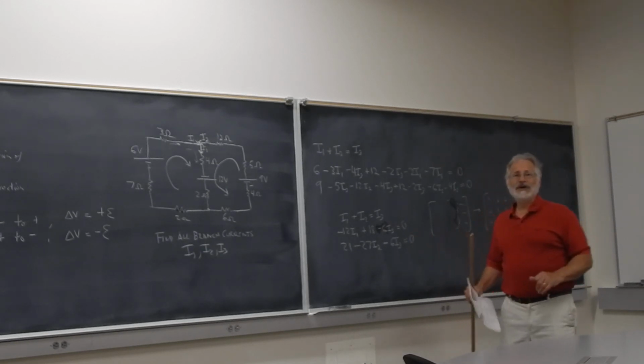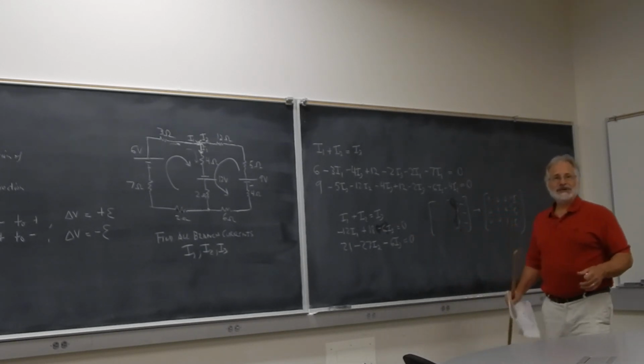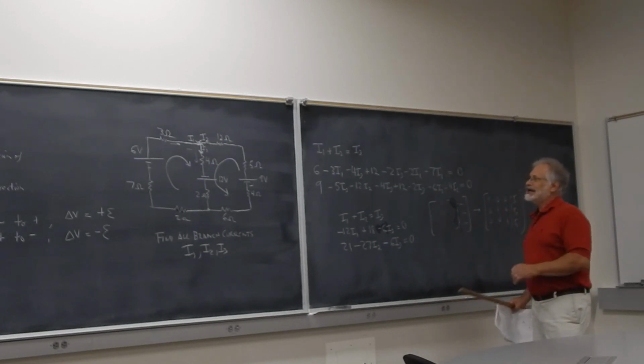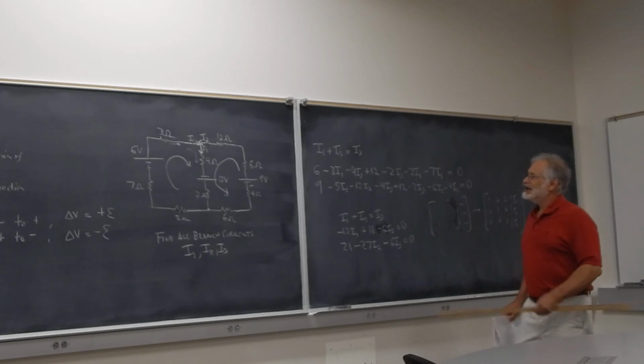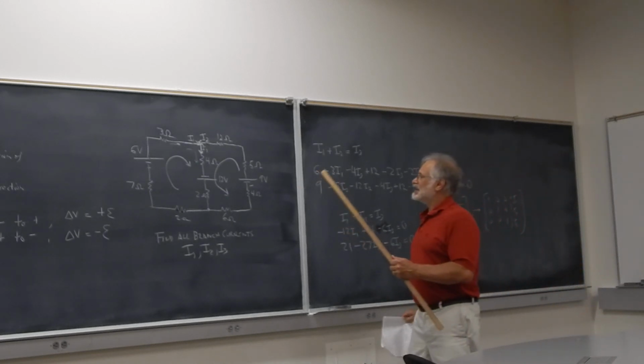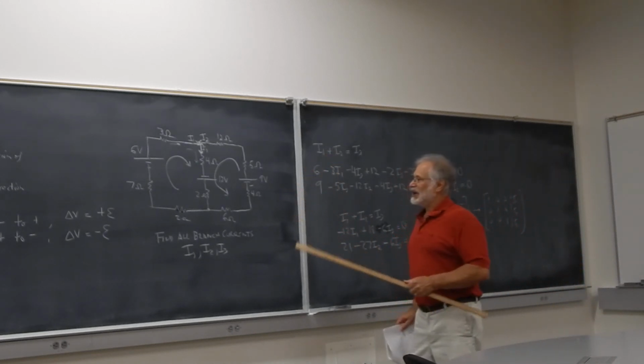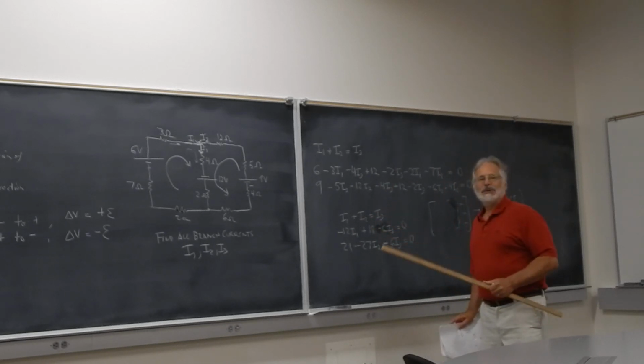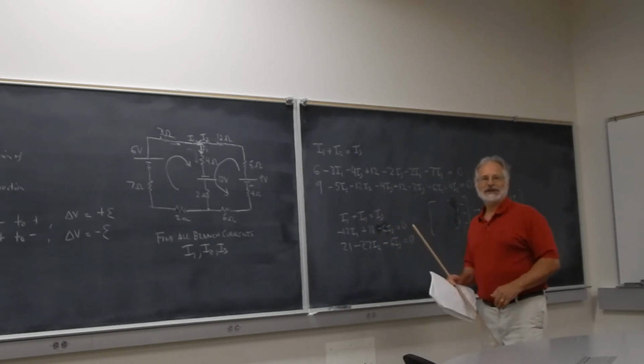I don't know how other faculty members grade such problems, but I tend to give most credit for just getting the loop and junction equations consistent, and then not so much if an algebraic mistake is made.